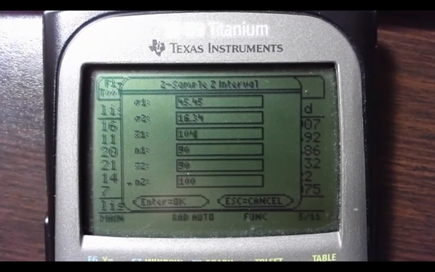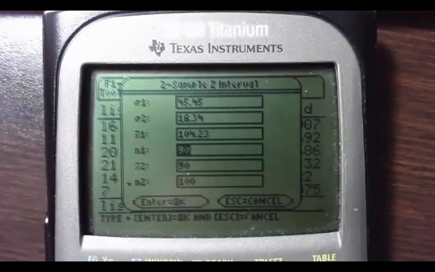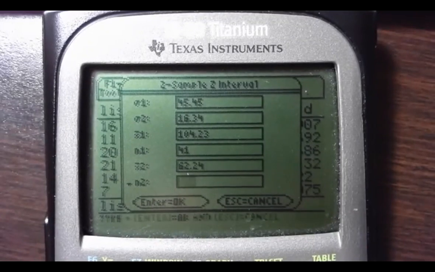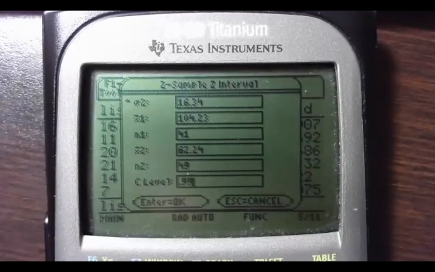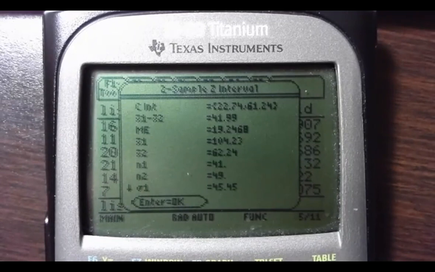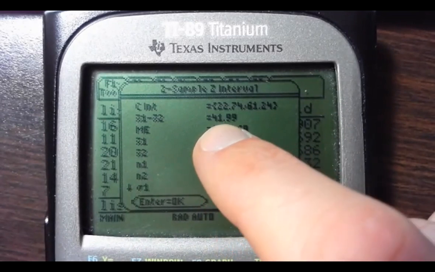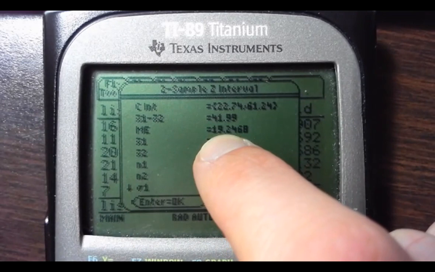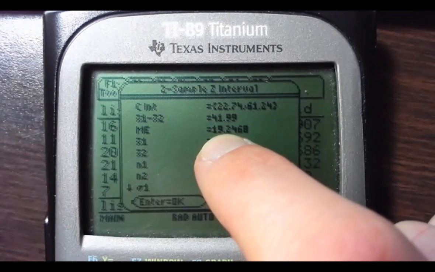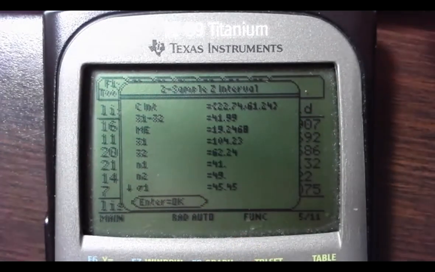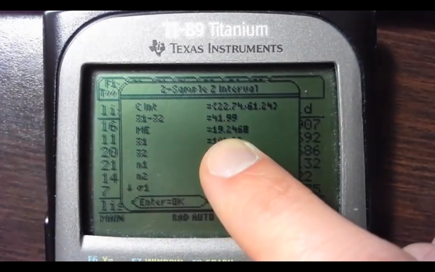X1 bar 104.23, N1 41, X2 bar 62.24, N2 49, C level 0.99. Okay. So 41.99 plus or minus 19.2468, which is this. The numbers that I got there were 42 plus or minus 19.2. That's the same thing.